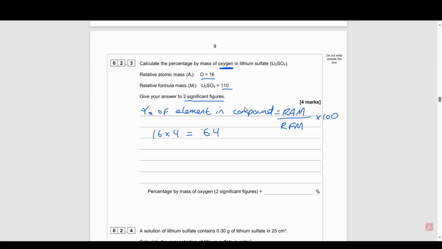The RFM of the compound is given to us, 110. So we're going to just take 64 and divide it by 110. We'll get an answer now of 0.58. Multiplying that by 100 now, that should just give us a value of 58%.